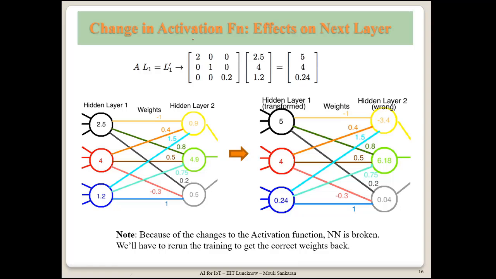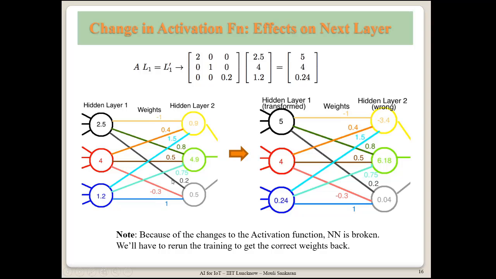Let me explain what I mean by that. I am not doing that right now. I'm showing you the impact of these changes on the output. I am not doing any inverse now. These changes have been reflected and the weights remain the same.